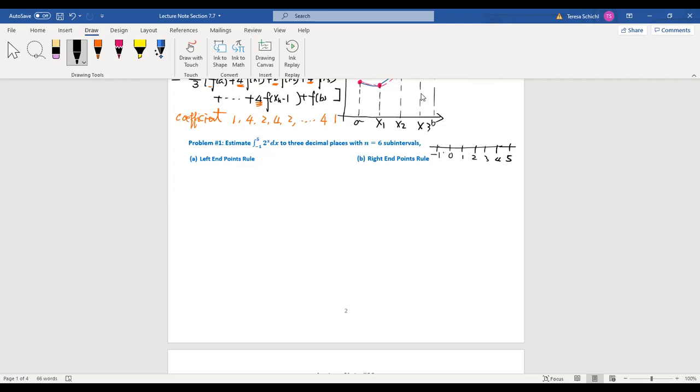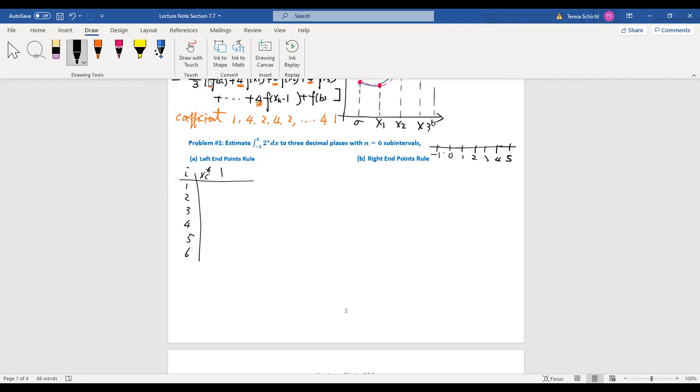All right, so now let's take a look at the left-hand point. You have 6 intervals, 1, 2, 3, 4, 5, 6. For the left endpoint, what is my xi?